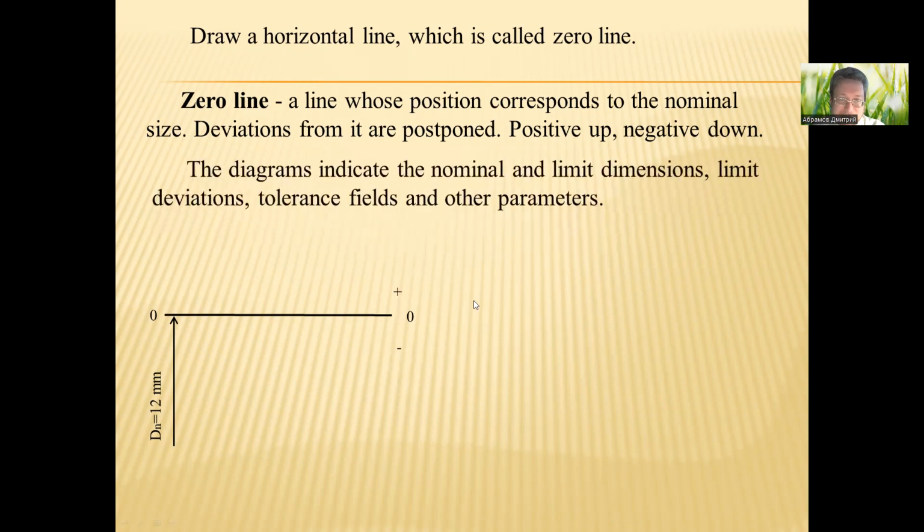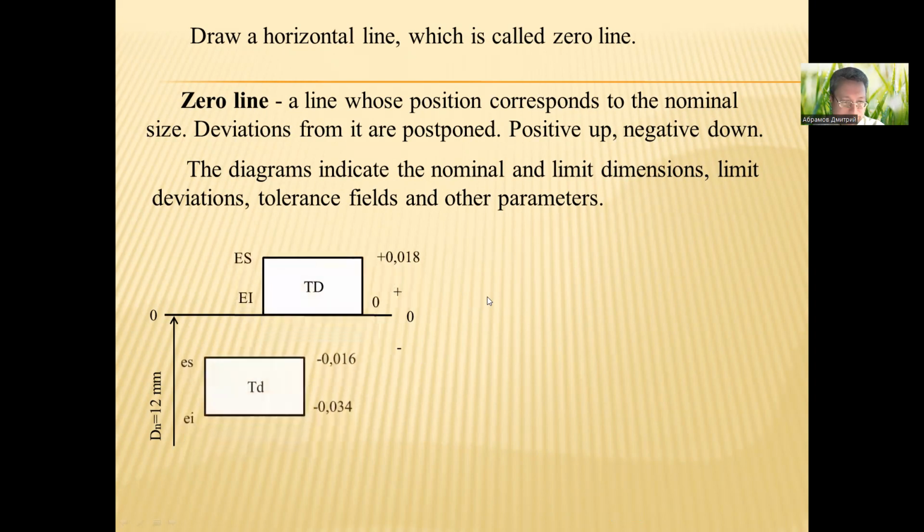The diagrams indicate the nominal and limit dimensions, limit deviations, tolerance fields, and other parameters. It's the tolerance field of the hole and the tolerance field of the shaft. Upper limit deviation and lower limit deviation of the hole, big ES and big EI. Upper limit deviation and lower limit deviation of the shaft, small es and small ei.